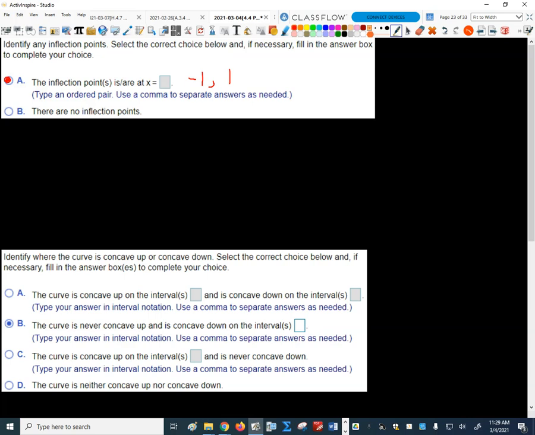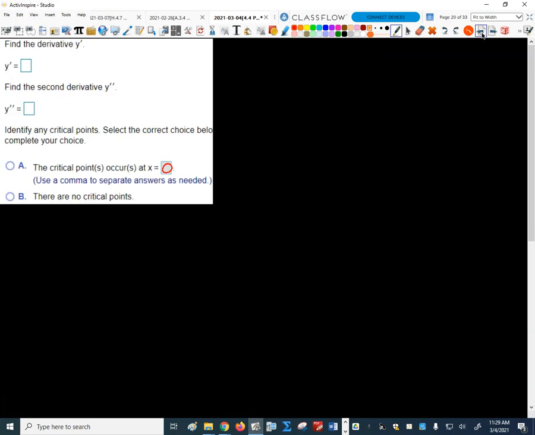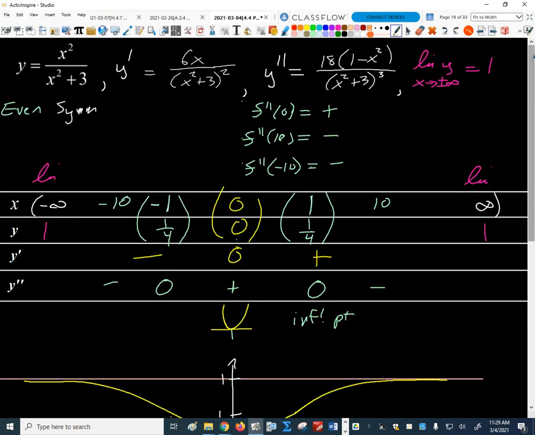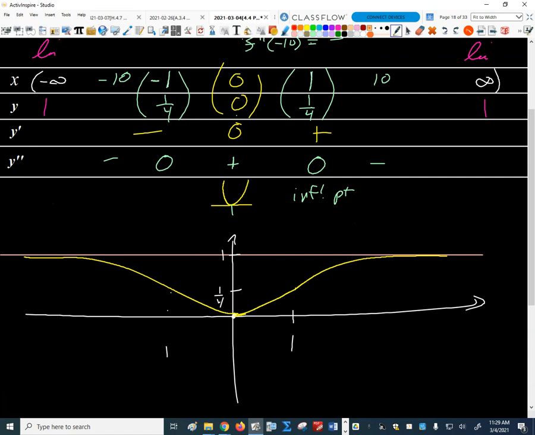Identify where the curve is concave up or concave down. Okay, well, then we just go back to our table for that one. Looking at the second derivative row, it's concave up between -1 and 1, and it's concave down everywhere else, right?